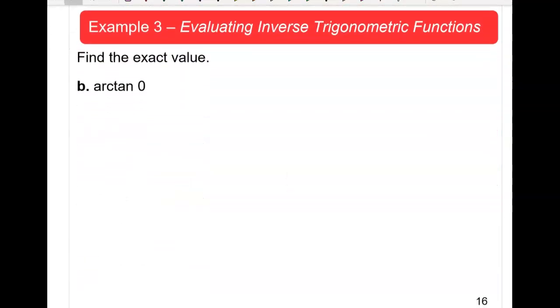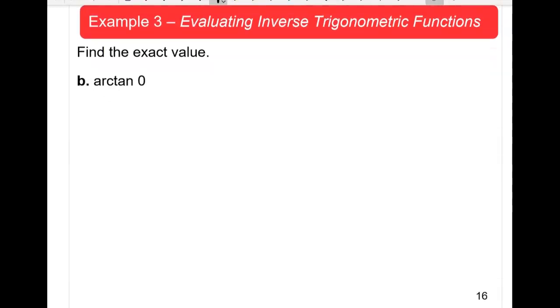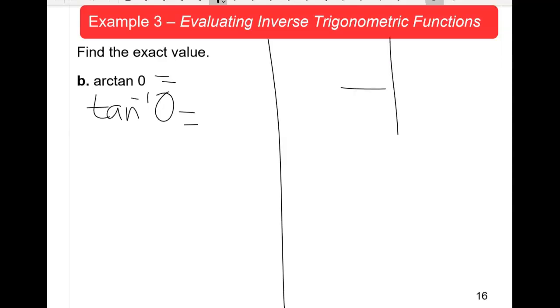Next question, we're going to find the arctangent, or as we may call it, the tangent inverse of 0. Same thing, right? So let's go ahead and draw a unit circle and identify.